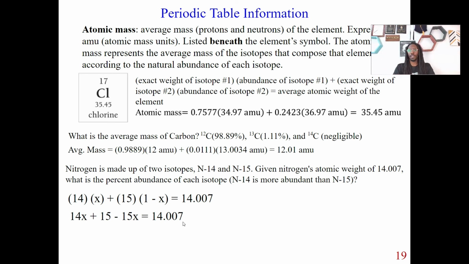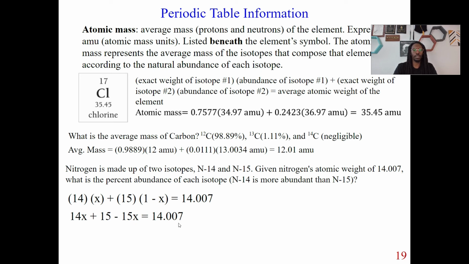Now, what do we have to do from here? What we have to do here is we must isolate the variable. So let's isolate this variable. How exactly are we going to do that? Well, you can do this in a couple different ways. You can either combine our like terms here, and we're going to get negative x, and then you have to add your 15 over here.